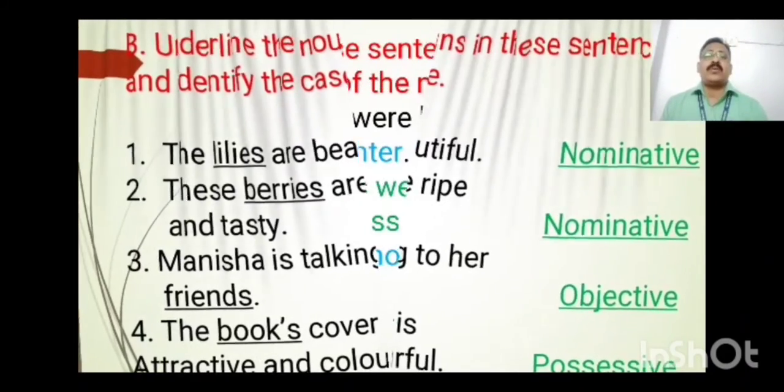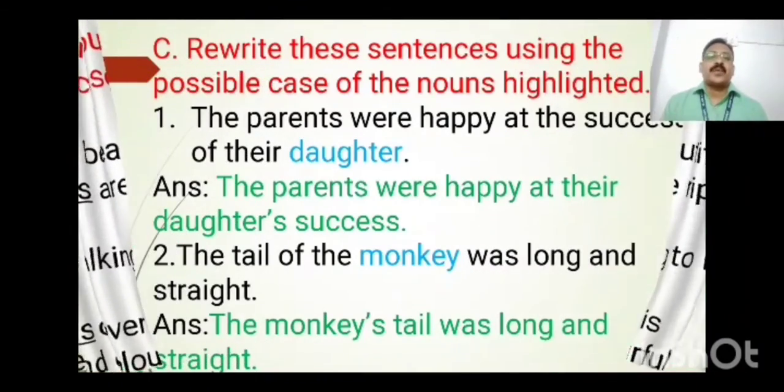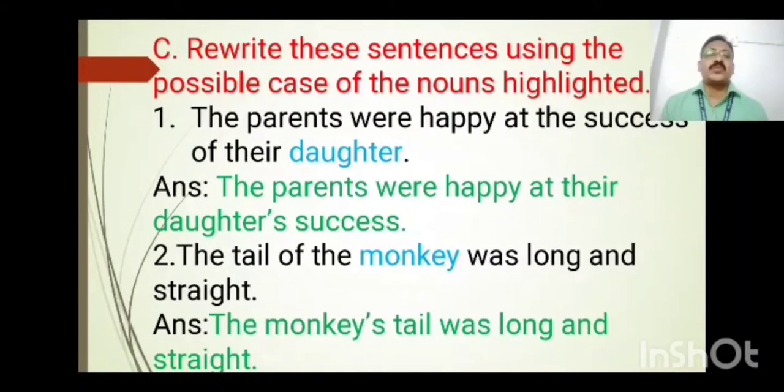Now we will do bit number C. Rewrite the sentence using the possible case of the noun highlighted. Means in this particular sentence some nouns are highlighted and you have to rewrite using it. Question number 1.